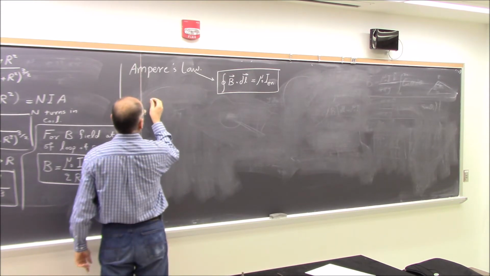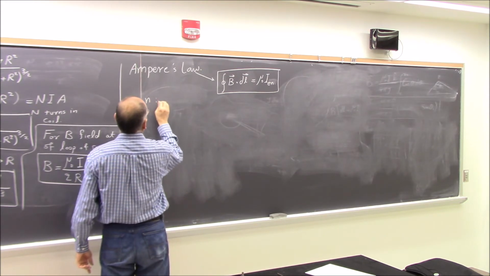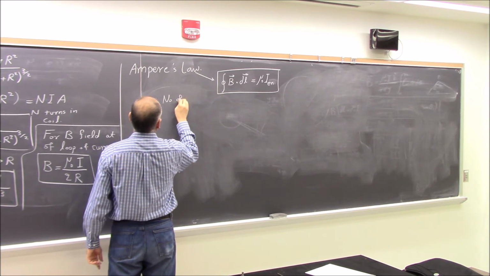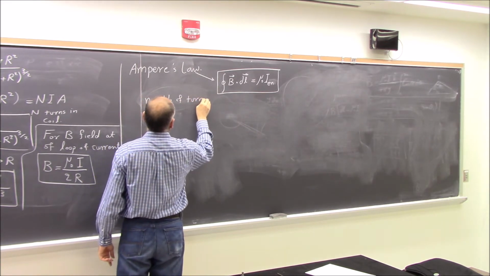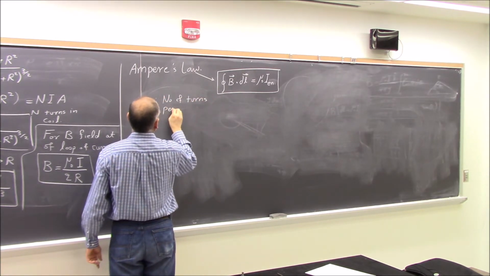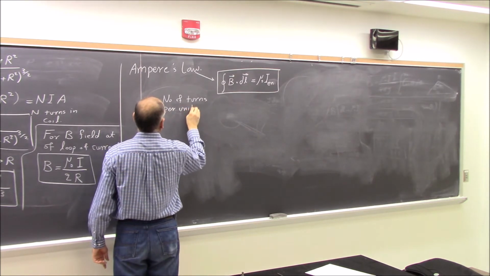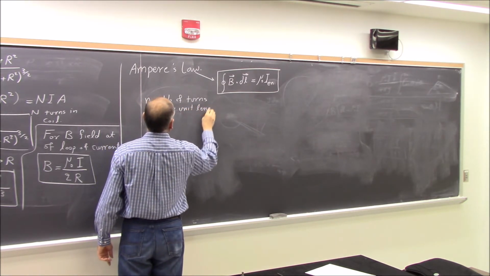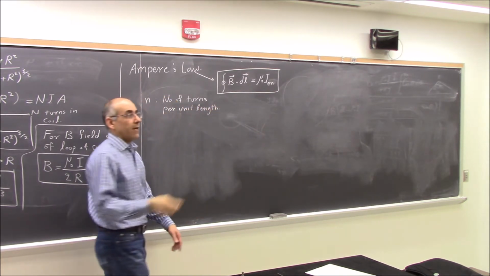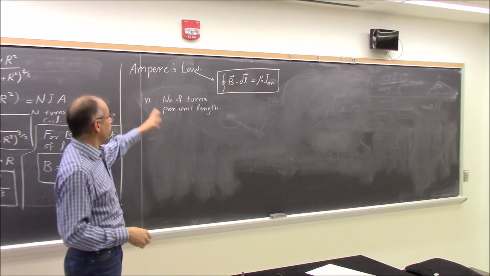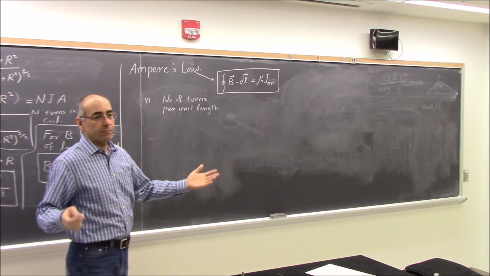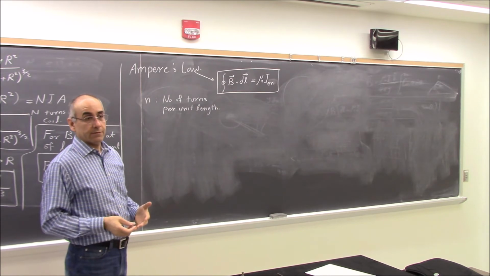So usually we call that n. n is the number of turns per unit length, like 10,000 turns per meter, or 1 million turns per meter.